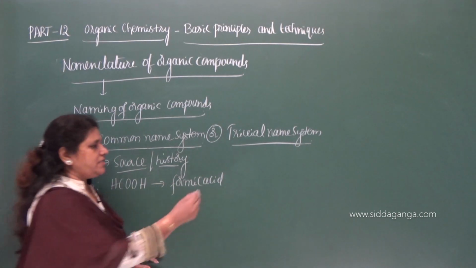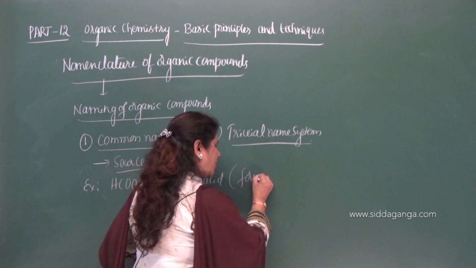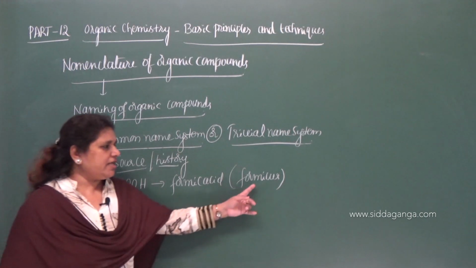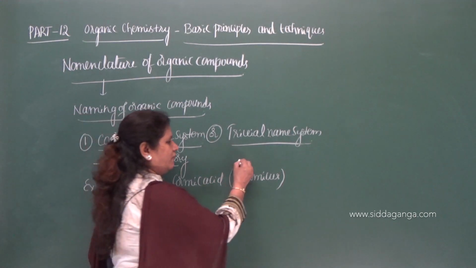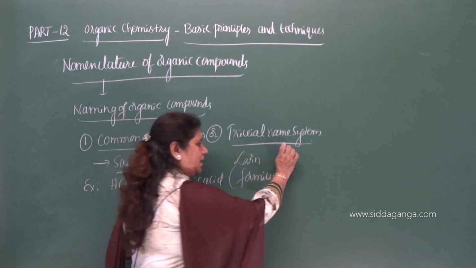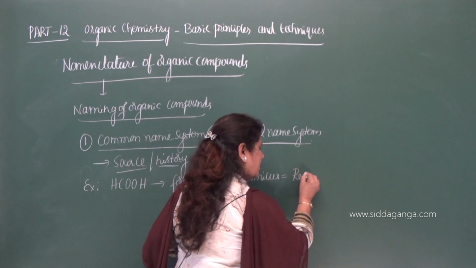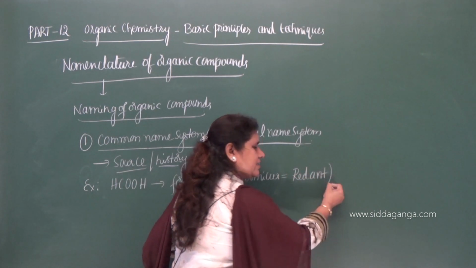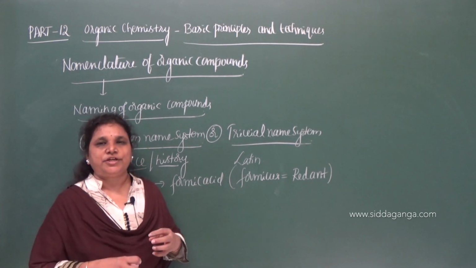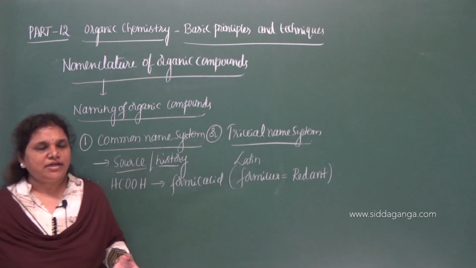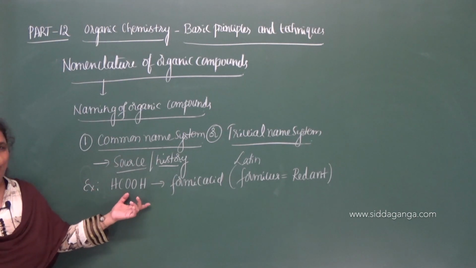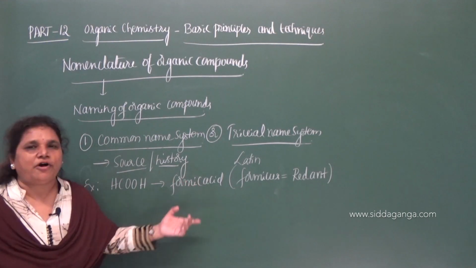This common name is derived from the Latin word formicus. What do you mean by formicus? It means red ant. When red ants are subjected to distillation, the distillation product contains HCOOH, and hence the name formic acid.